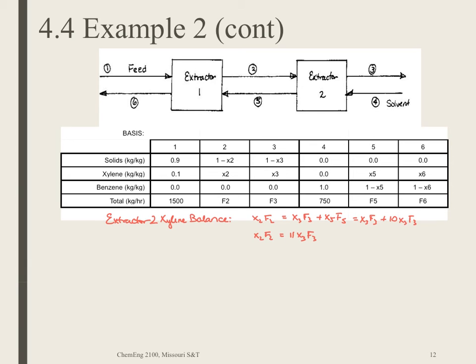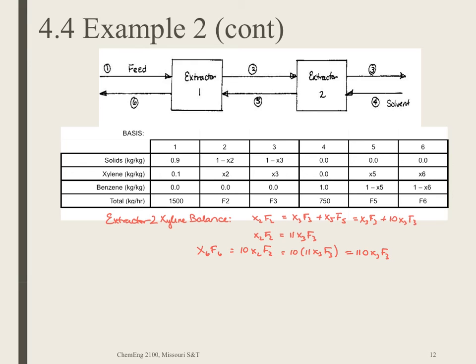But I also know that x6 f6 is 10 x2 f2, but x2 f2 is 11 x3 f3. So this is 110 x3 f3.